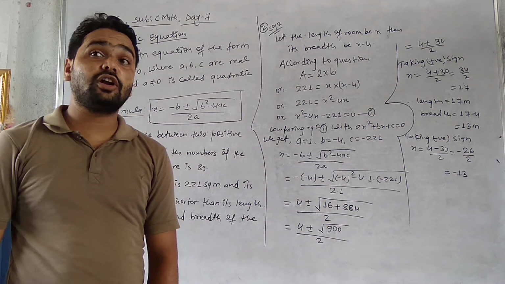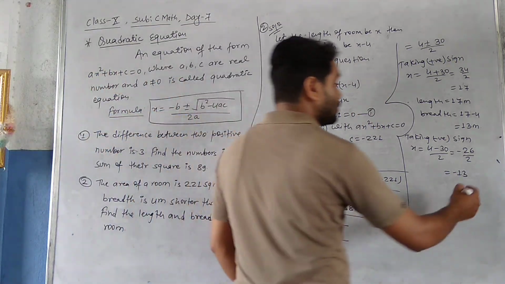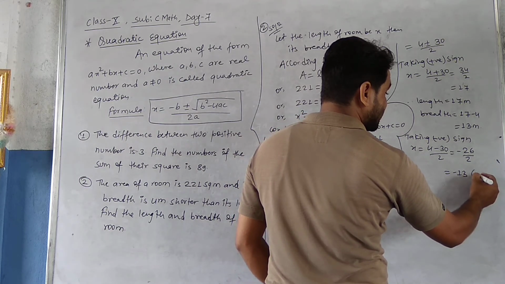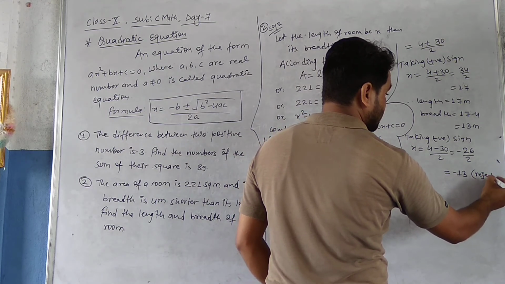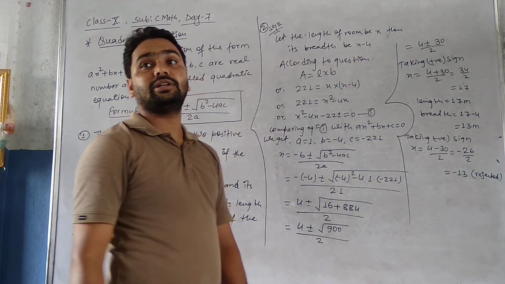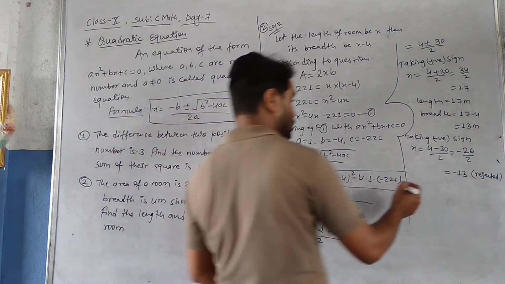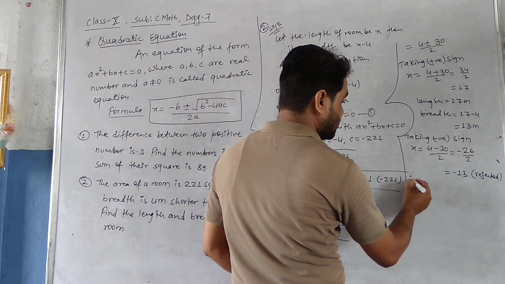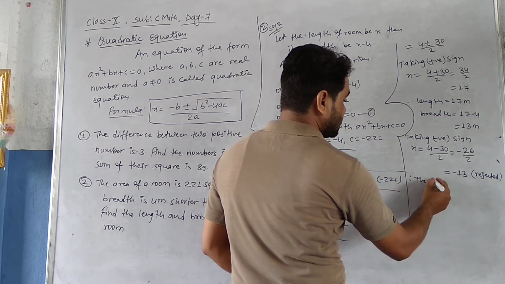Length and breadth cannot be negative, so this is the rejected one. We can find that since length and breadth cannot be negative.